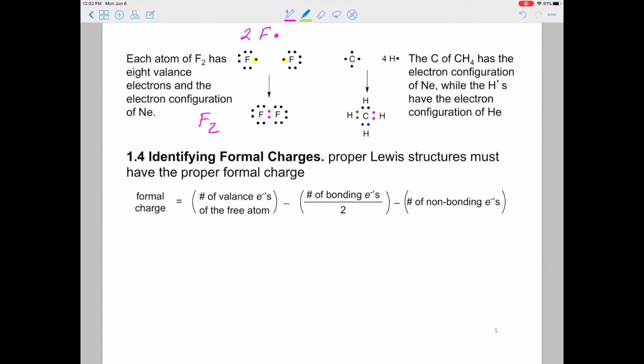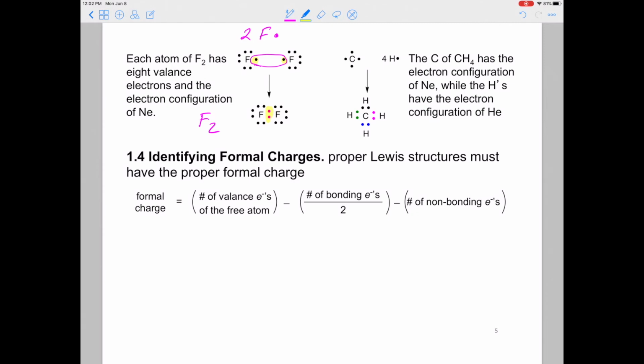The 2 fluorine atoms will come together, and the orbitals in which those unpaired electrons reside will overlap to form a covalent bond between the 2 fluorines.